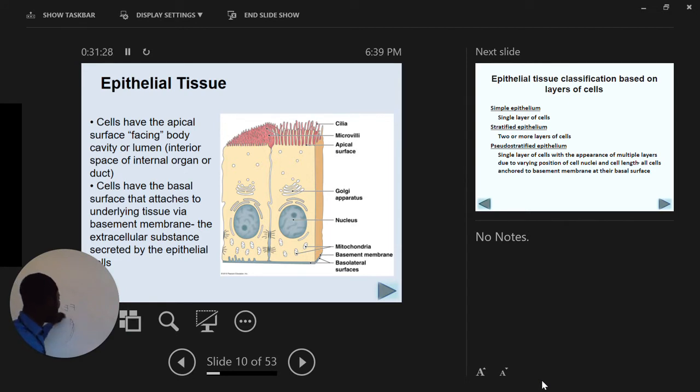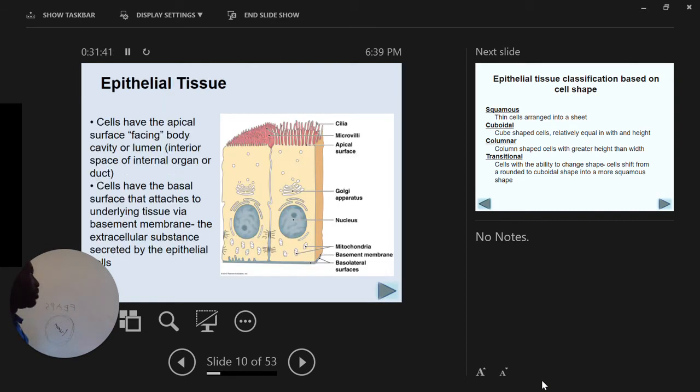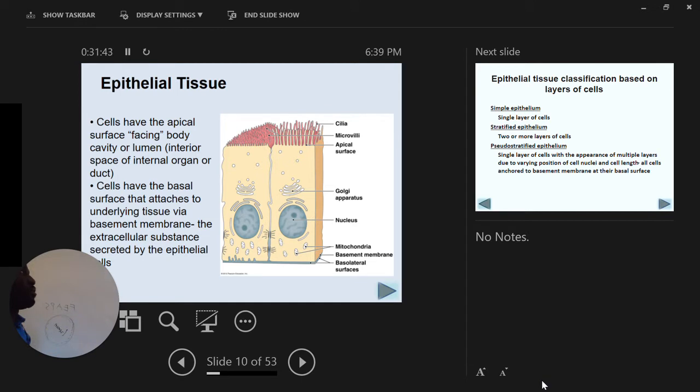There's a lining inside the organ, and the organ has a hole inside. The name of that hole is called lumen. Does that make sense? So the lumen is the interior space of internal organs or ducts. So there's epithelial tissues lining the organs here.